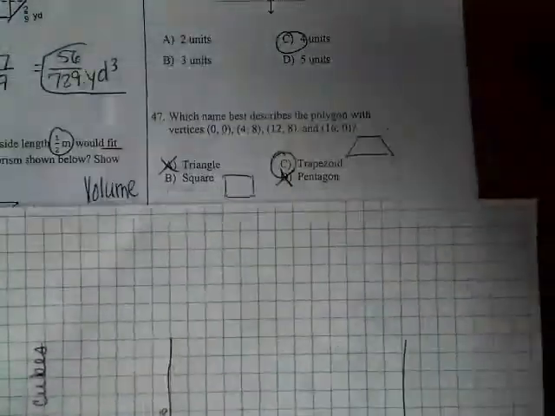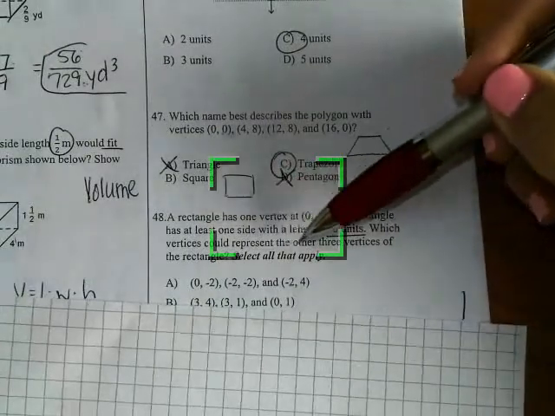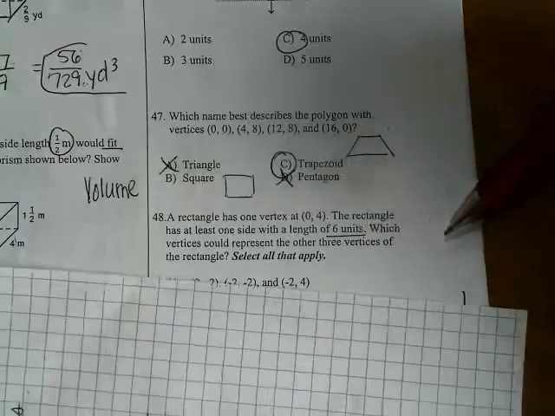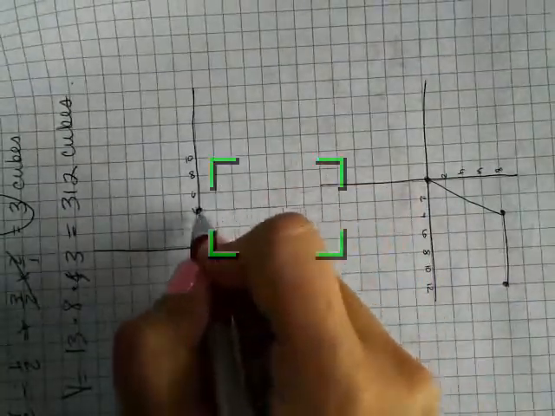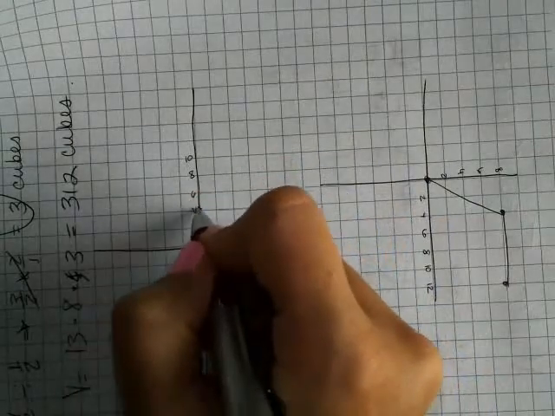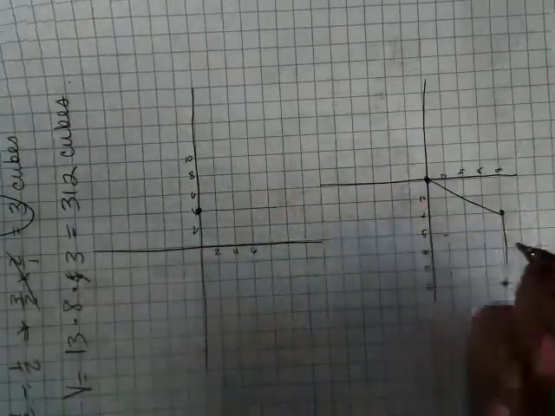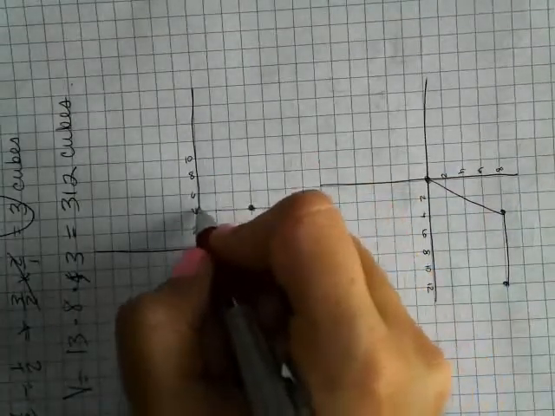Okay. Now it says the rectangle has at least one side with a length of 6 units. So the length of this rectangle can go this way, up, or down. So if I'm counting by 2s, I'm going to go 2, 4, 6.